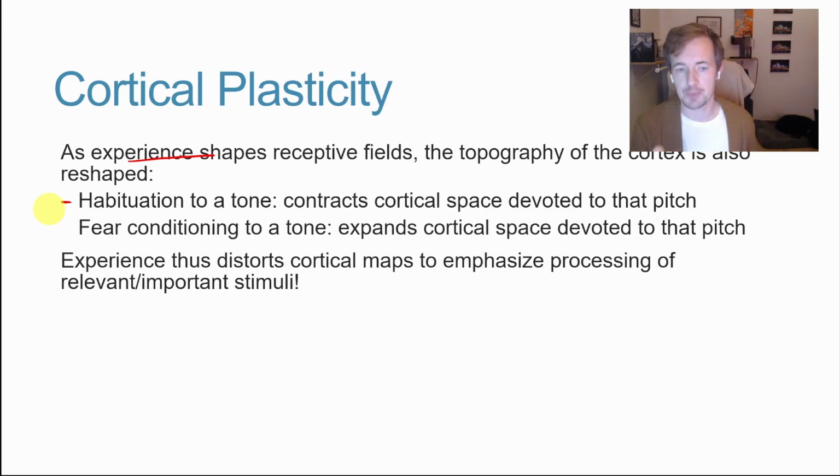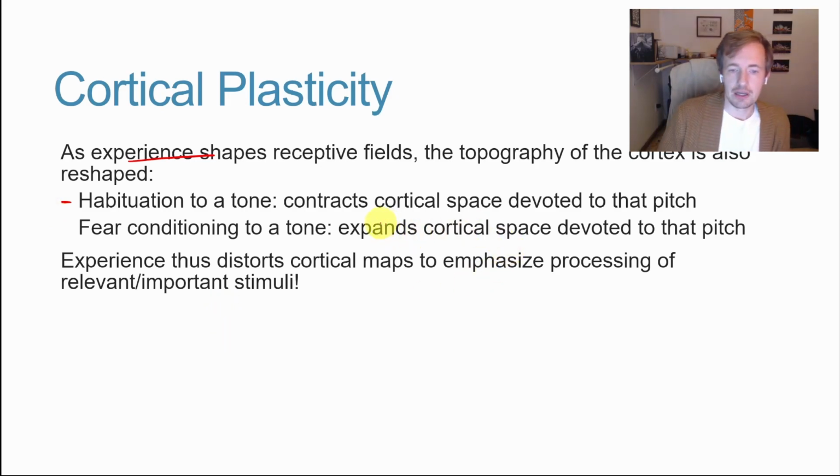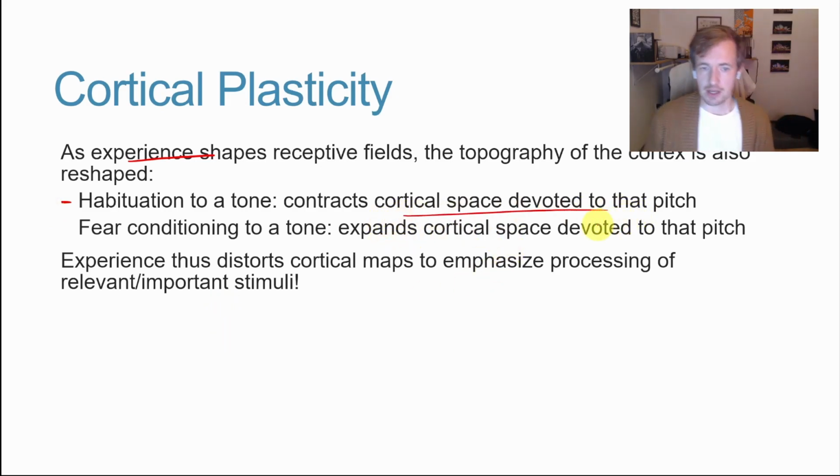Let's say we're talking about a pitch: if you hear a high-pitched humming sound from your TV or something like that, after time you block it out, especially if it's been days or weeks or months that you have it on and you just stop paying attention to it. That will actually be reflected in the cortex. There's going to be less area in the cortex now devoted to perceiving that specific pitch.